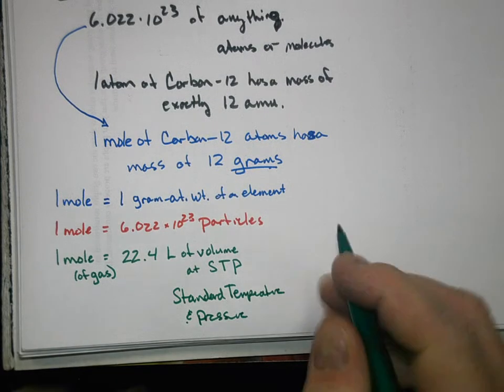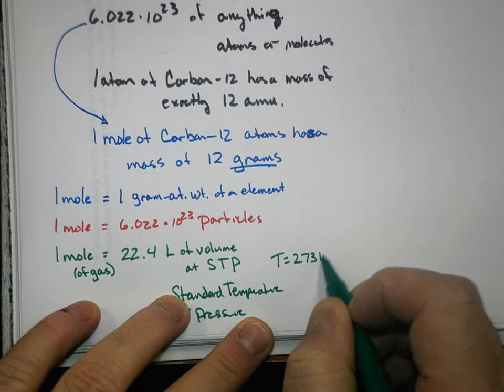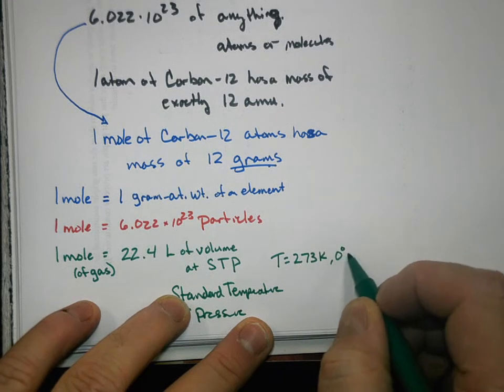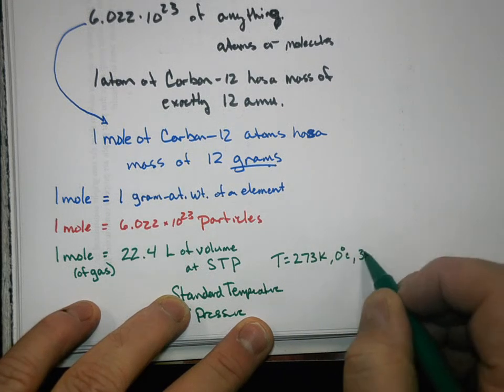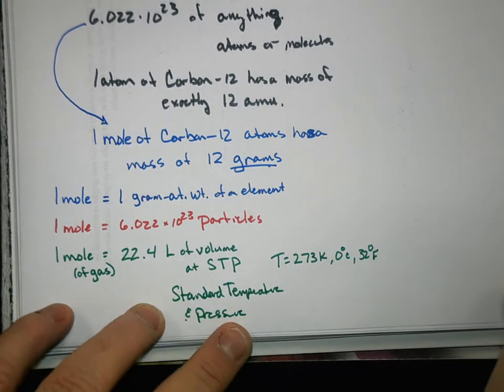The standard temperature equals 273 Kelvin, or 0 degrees Celsius, or 32 degrees Fahrenheit, which is not much colder than what we have outside right now.